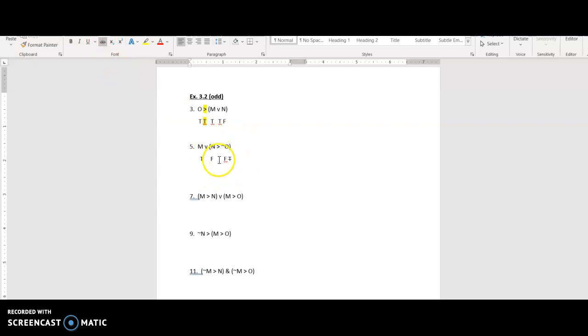So now inside the parentheses we have a false antecedent and a false consequent, and we know that whenever the antecedent of a conditional is false, the whole conditional comes out true. So now this conditional is true, this disjunction is true, so the whole thing comes out as true.